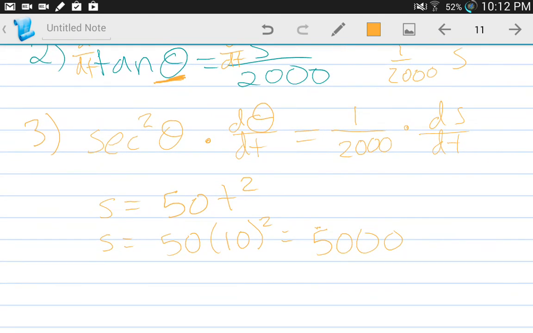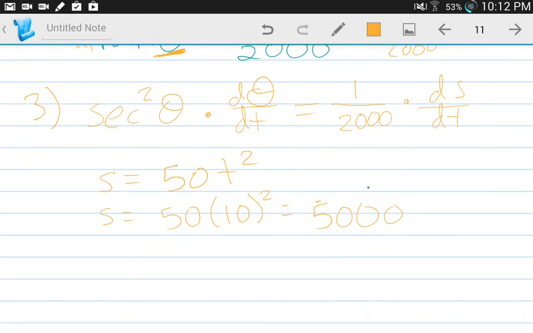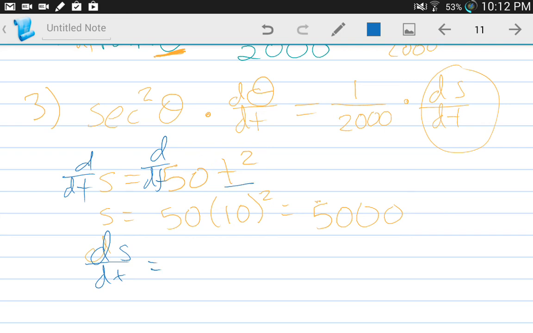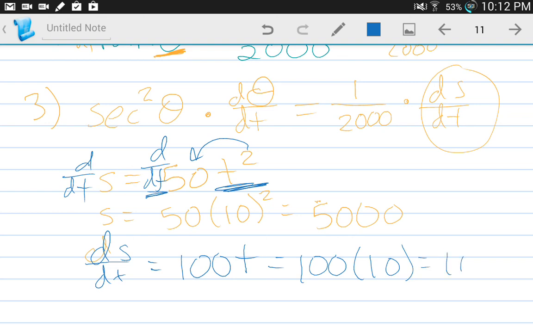And then we're going to take the derivative, so we want to be able to find this ds over dt term. So to find the derivative, we're going to do d dt and d dt, so we'll get ds dt equals, now this is nice because we're taking the derivative of time with respect to time, so we don't have to do implicit. So it'll be 2 times 50 is 100 t, and we're going to plug in that 10 for t. 100 times 10 is 1000.